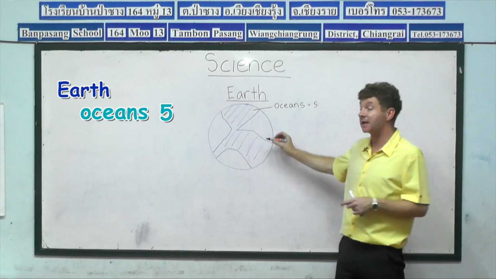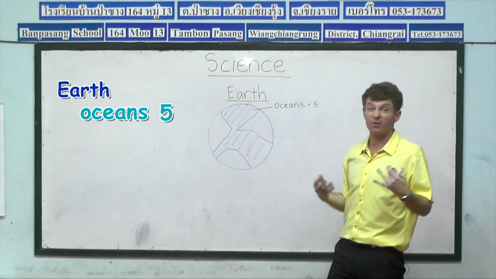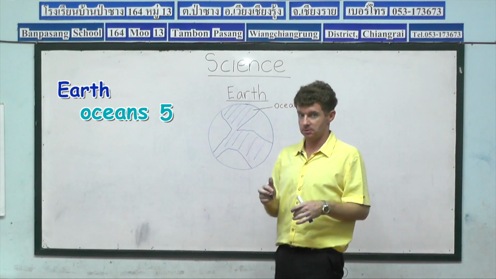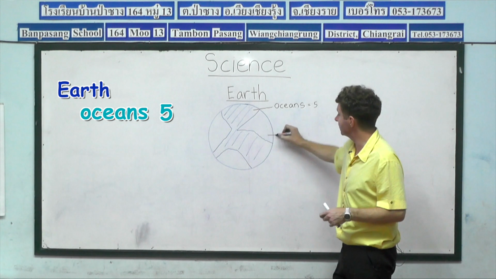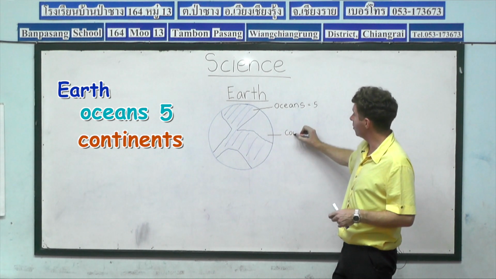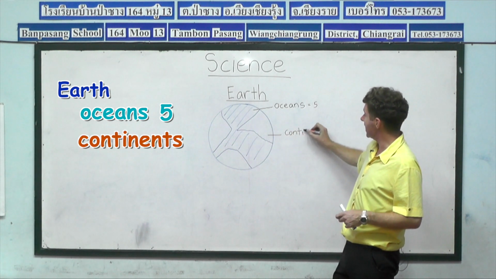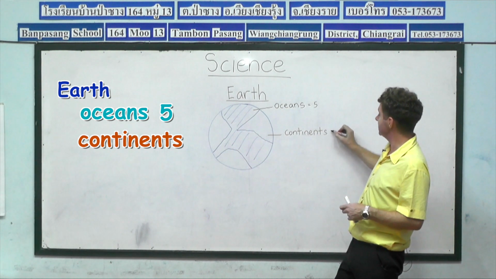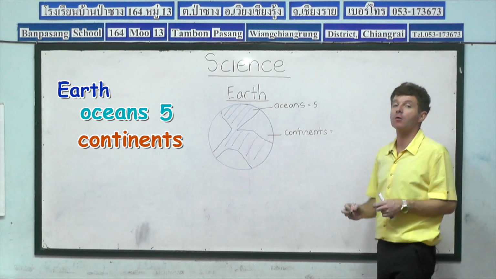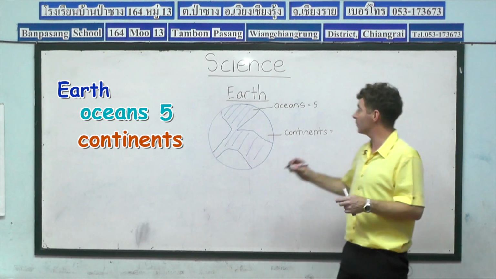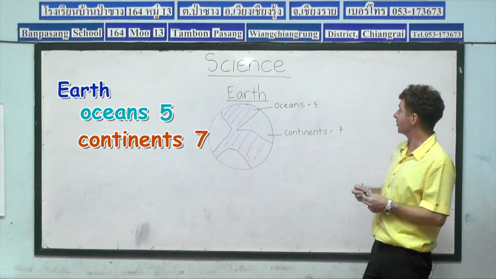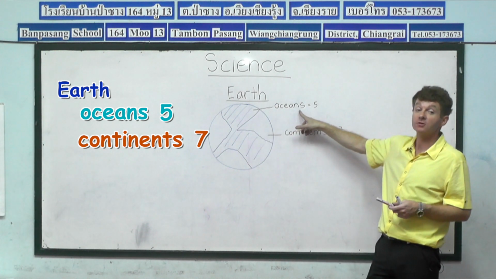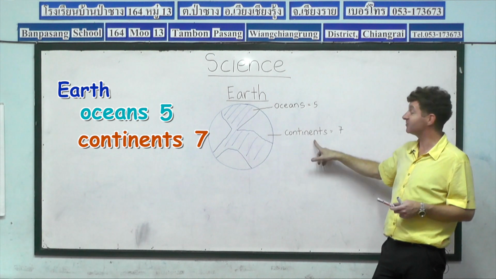And then the big land masses that we live on, for example, here in Thailand, we live on the continent Asia. So how do we spell continents, guys? C-O-N-T-I-N-E-N-T-S. And how many continents do we have? 7. Well done. So altogether, planet Earth has 5 oceans and 7 continents.